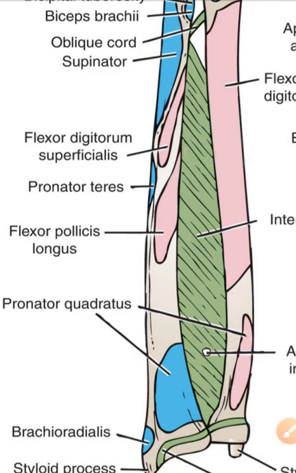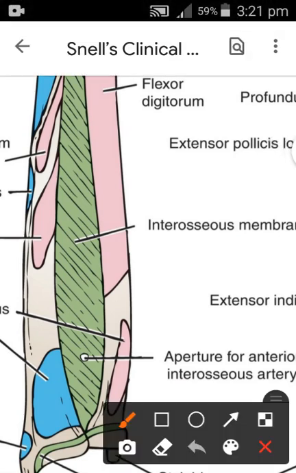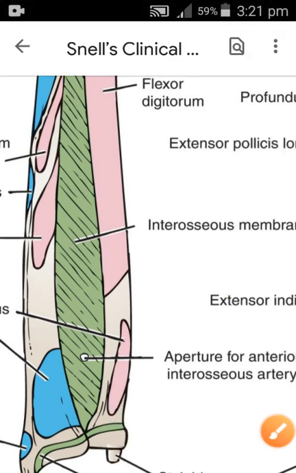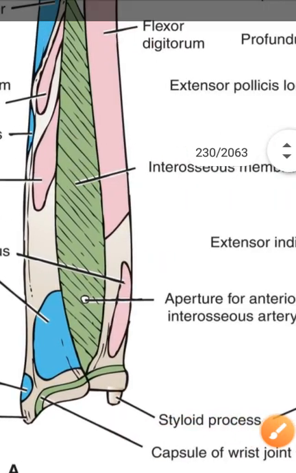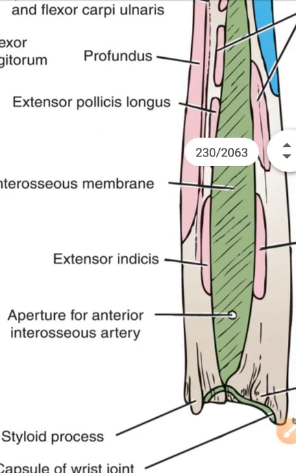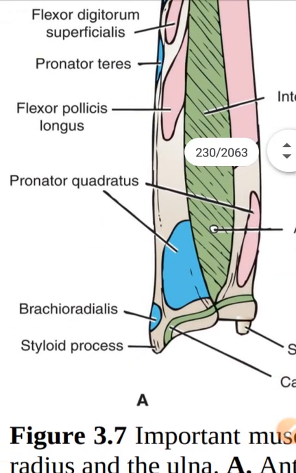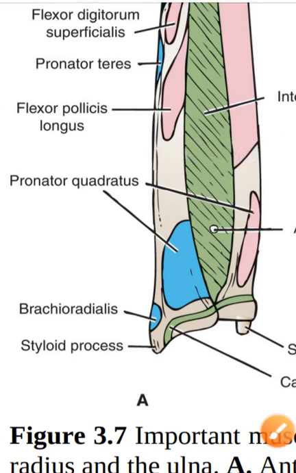But you can see this is which muscle? Pronator quadratus is attached, and this is the origin and this is the insertion of the pronator quadratus.